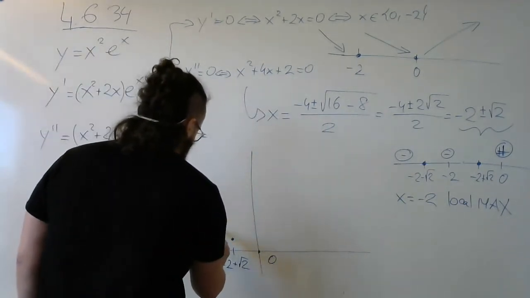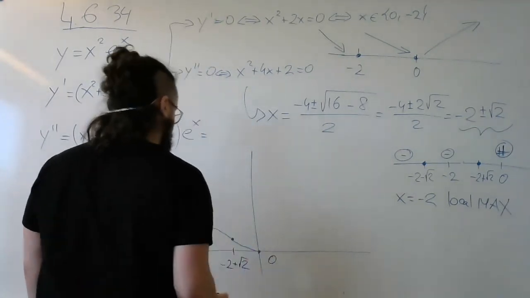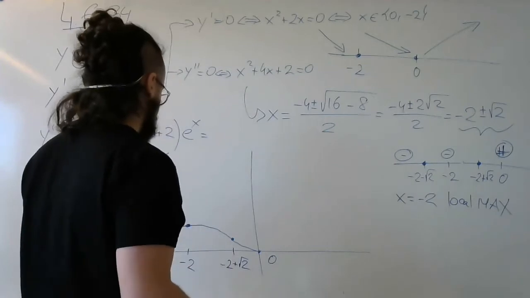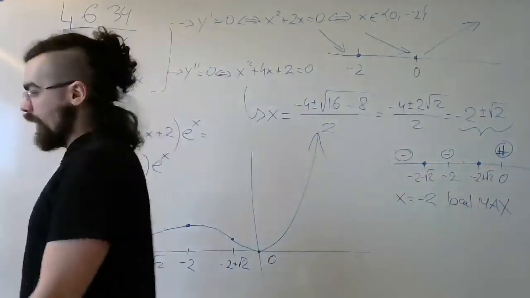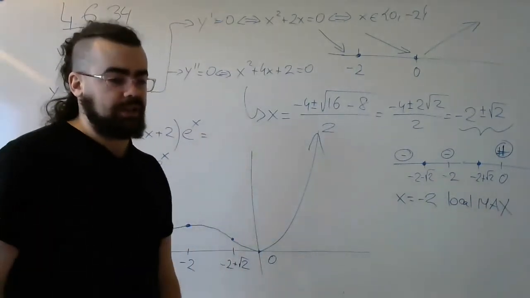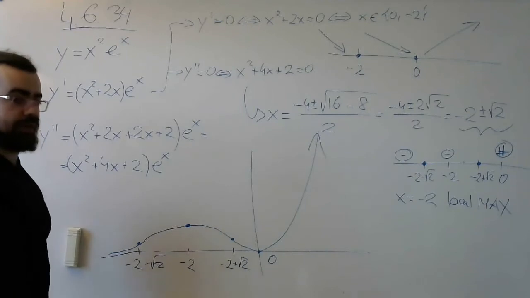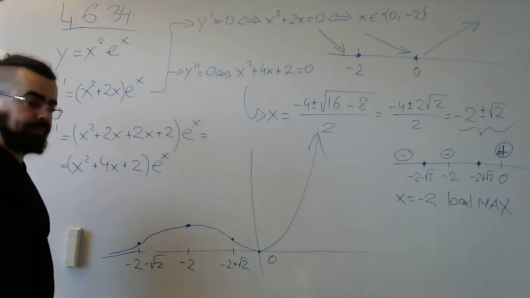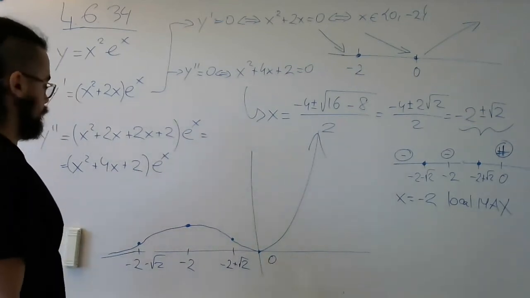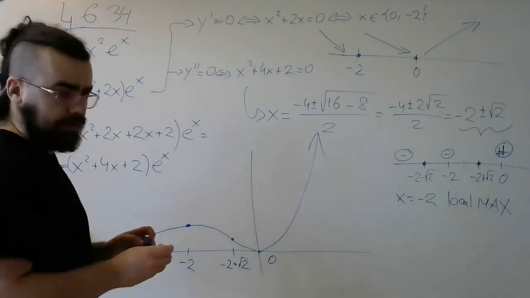So this goes something like this. And from here, it just goes up very fast because it's square times exponential. So this is more or less what the function looks like. It looks pretty weird.